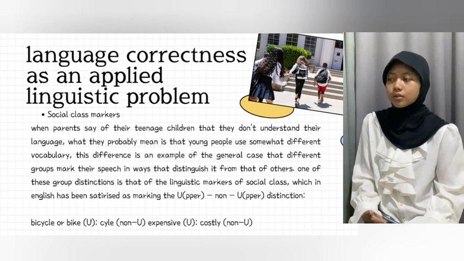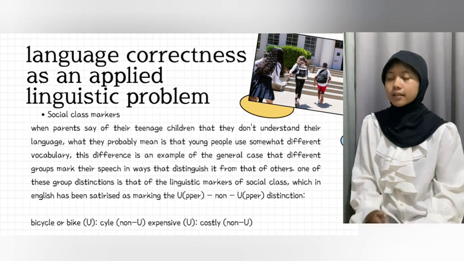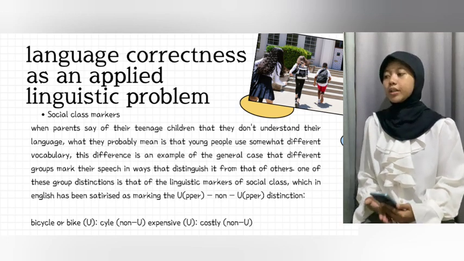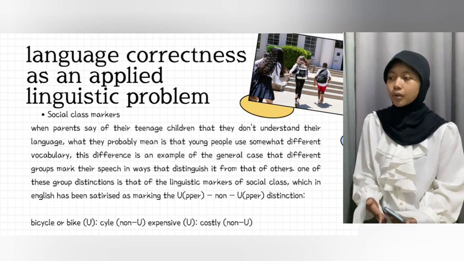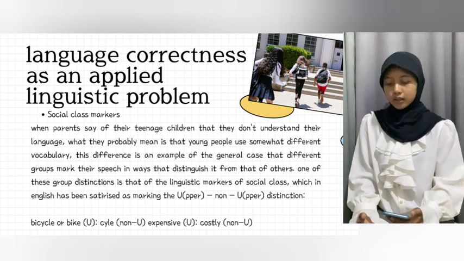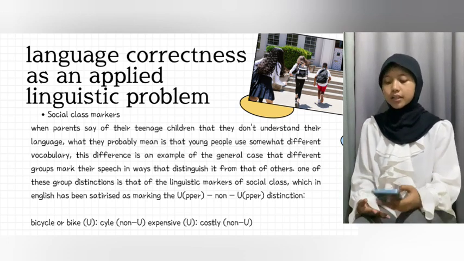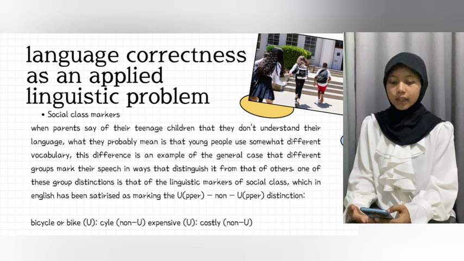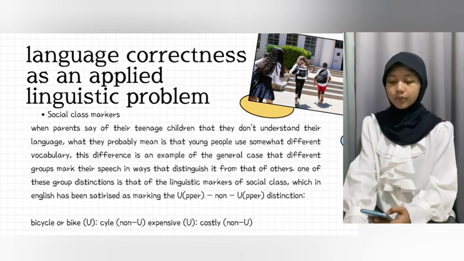This group distinction is one of the linguistic markers of social class, which in English has been standardized as marking the upper and non-upper classes, as in the example in the presentation. Of course, these variants are linguistically trivial and therefore do not hinder communication. Socially, however, they are not all trivial because they mark social difference.